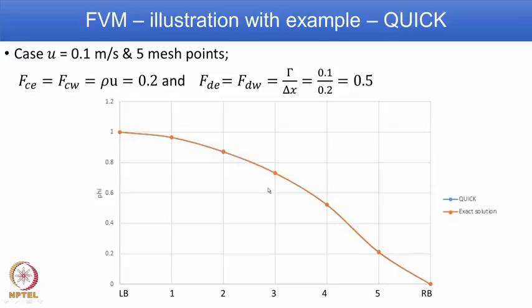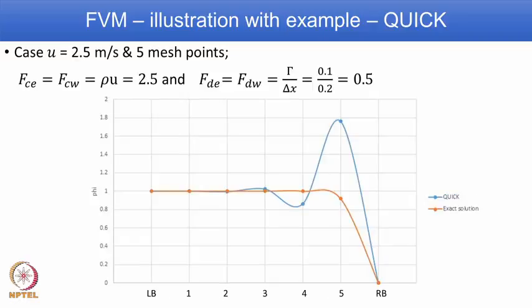In this case one exactly matches the other, and that is why you are seeing only one color. You can cross check the left boundary, which is given as 1, and the right boundary, which is 0, and there are 5 nodal points 1, 2, 3, 4, 5. So you are able to compare, and you see that because the velocity is so low, the QUICK scheme performs equally well.